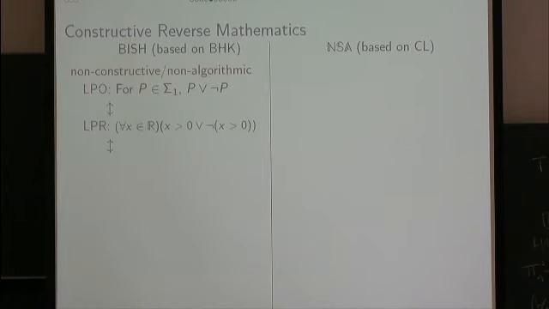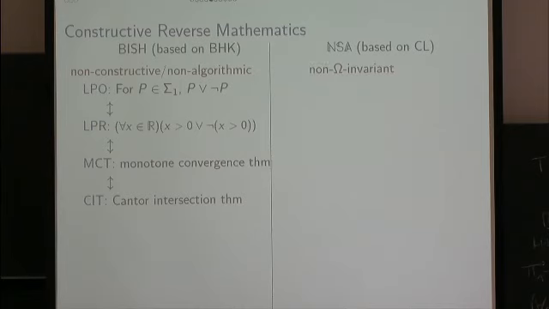LPO, by the way, is the limited principle of omniscience. This turns out to be equivalent to the fact that you can split the continuum in two, which Brouwer also rejected. More innocently, the monotone convergence theorem: every increasing bounded sequence converges, and a slight knockoff, the Cantor intersection theorem. So let's see how this translates.